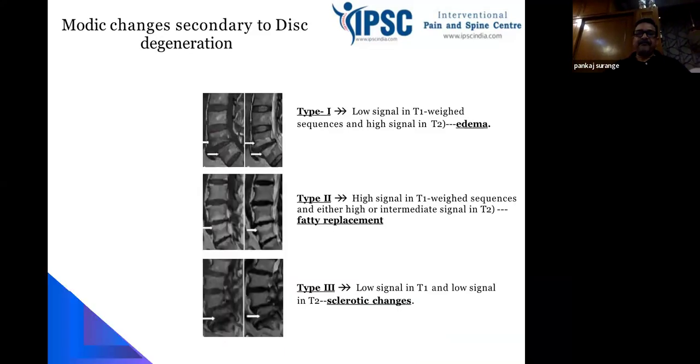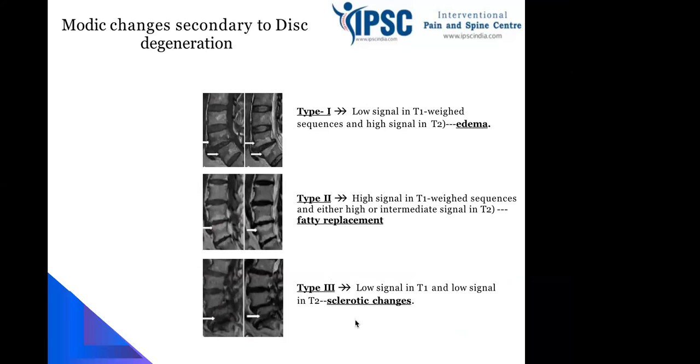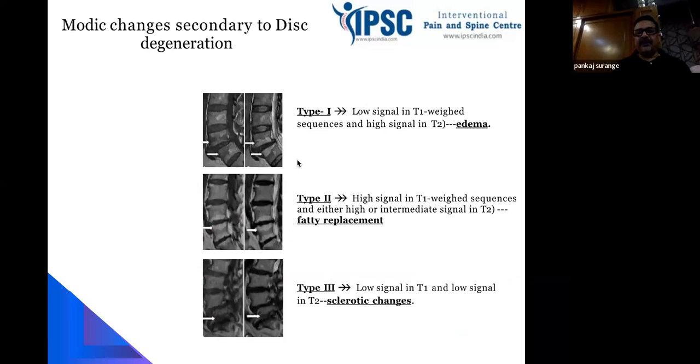Now Modic changes, type 1, type 2, type 3. Type 1 is basically edema, type 2 is fatty replacement, type 3 sclerotic changes. Now what is the source of pain? Here, the source of pain is inflammation. Simple. Modic type 1 changes, inflammatory changes happening at the end plates because of the microfractures which are happening at the end plates, leading to the inflammation of the end plates.